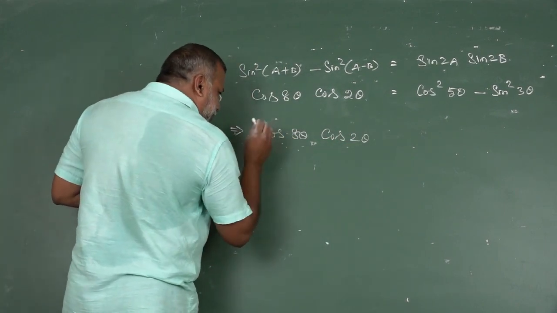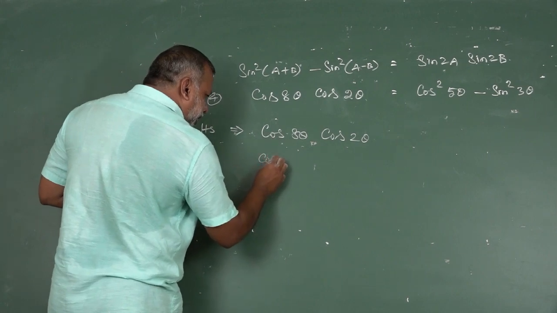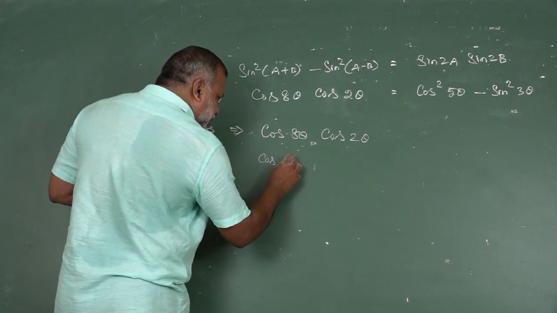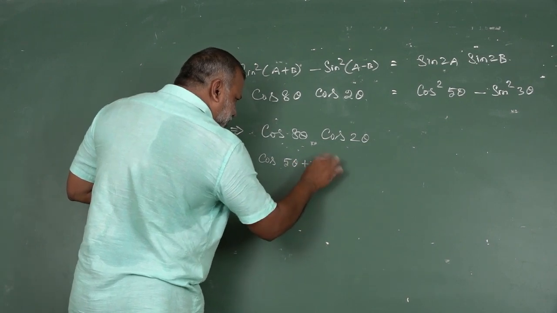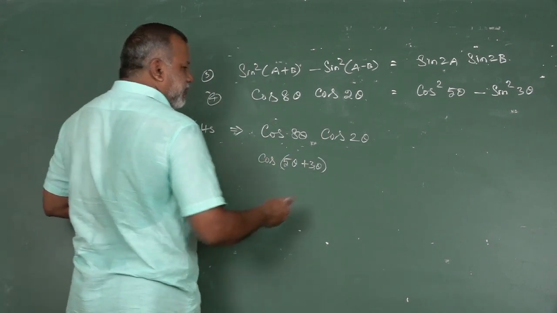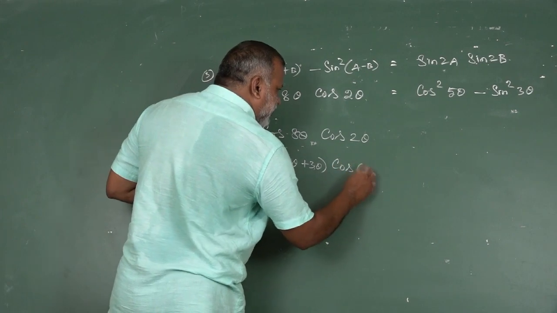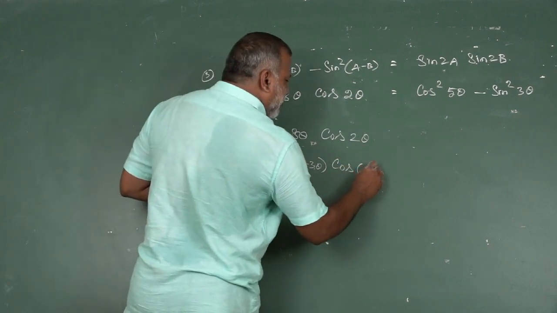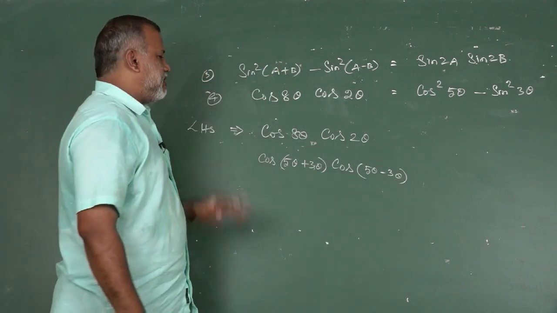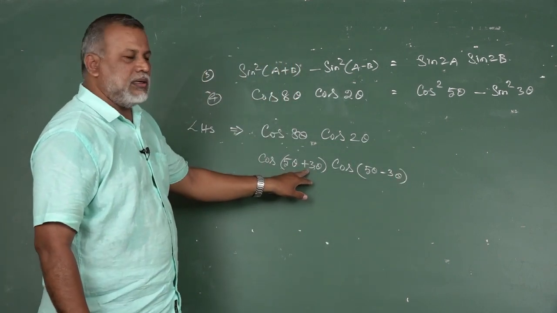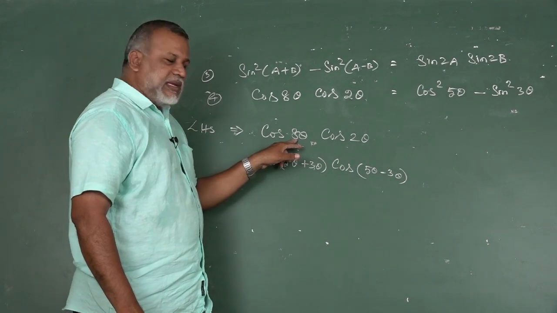Now by using the application, it can be converted like this: cos of 5 theta plus 3 theta. This is the application knowledge you need. Then cos of 2 theta means 5 theta minus 3 theta. See here, 5 theta plus 3 theta, we are adding, we get 8 theta.